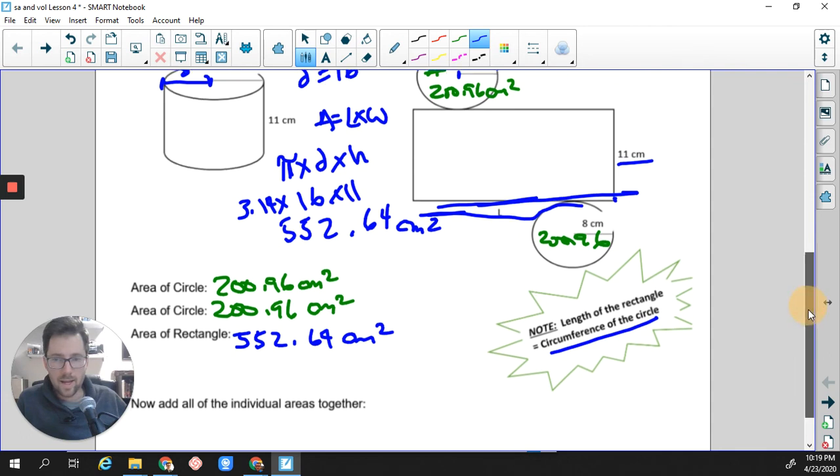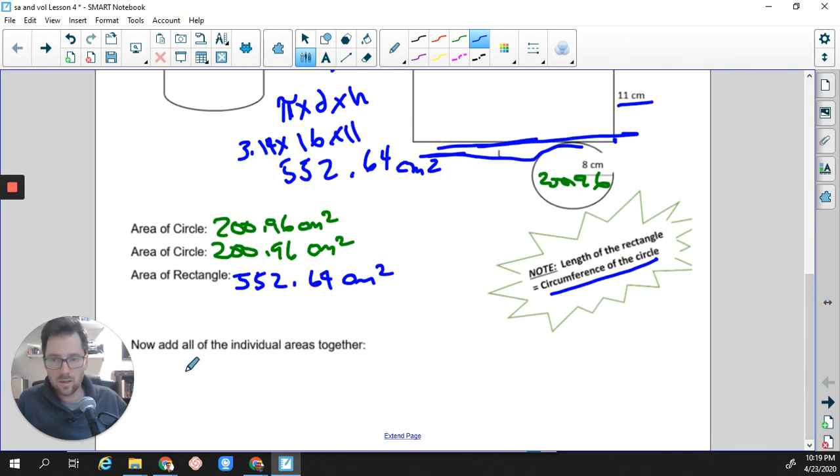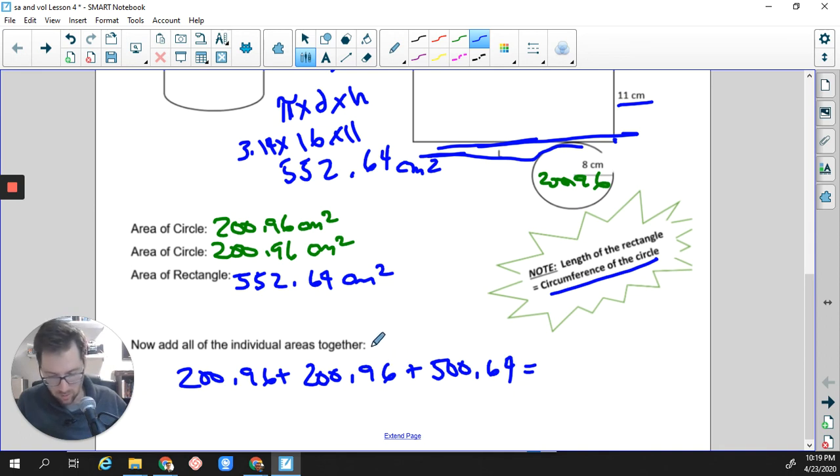So we're going to add this all up together. 200.96 plus 200.96 plus 500.64 equals a grand total of what? Thoughts? What do you think? Let's estimate 500, 200, 200. 200 plus 200 is 400, plus 500 is 900.